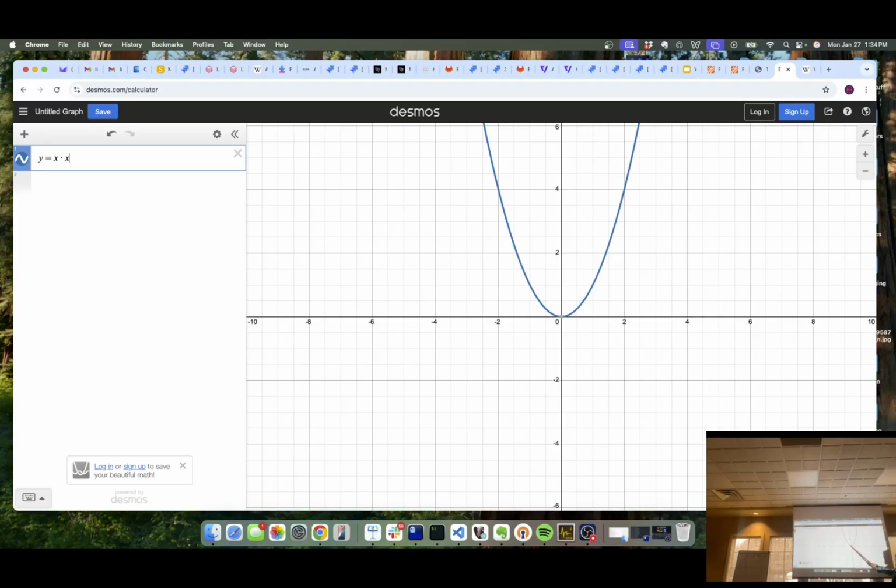So if the value of x is 0, what should the value of y be? What's 0 times 0? 0. Yeah, and it's 0. Zero times anything is 0. If the value of x is 1, 1 times 1 is what? 1. Yeah, and it's 1. So that's just a basic introduction to graphing.